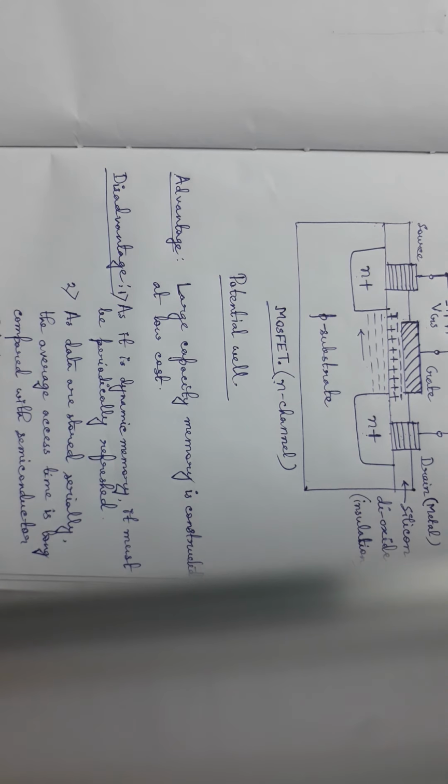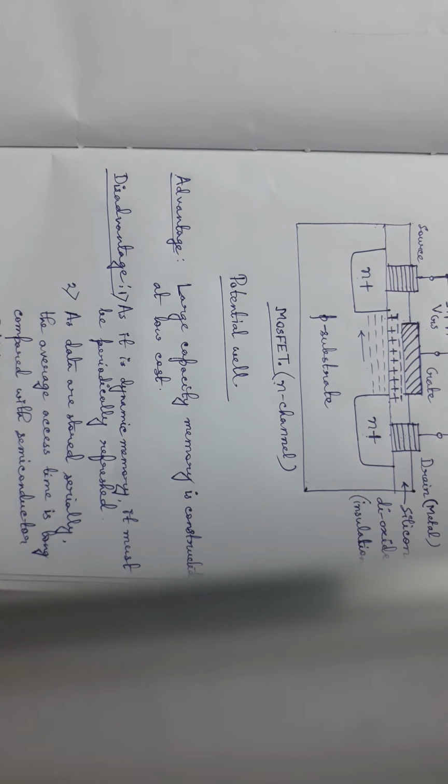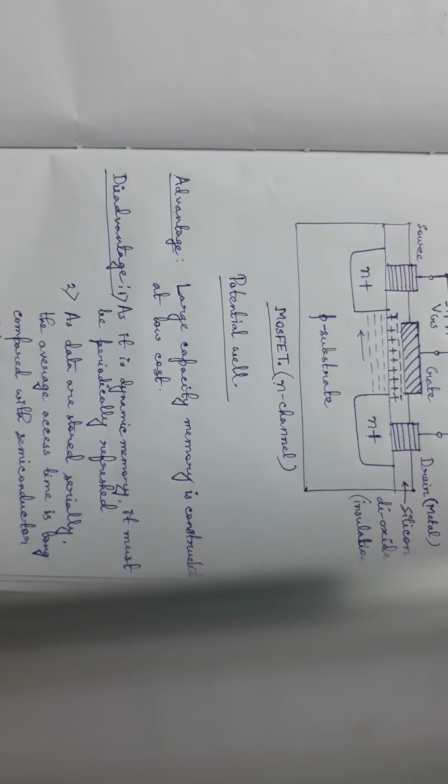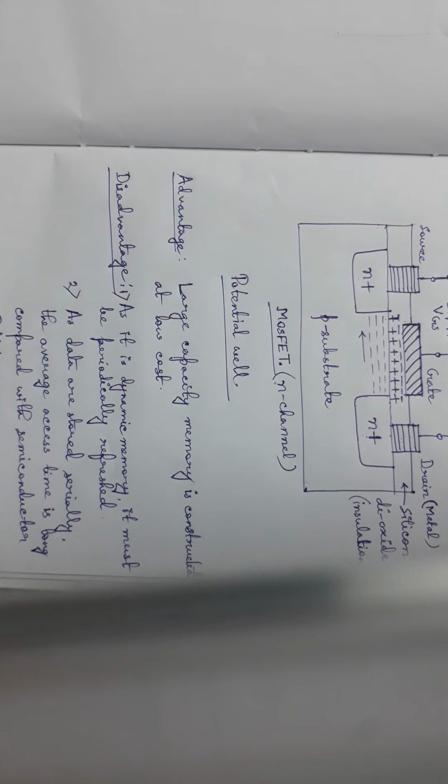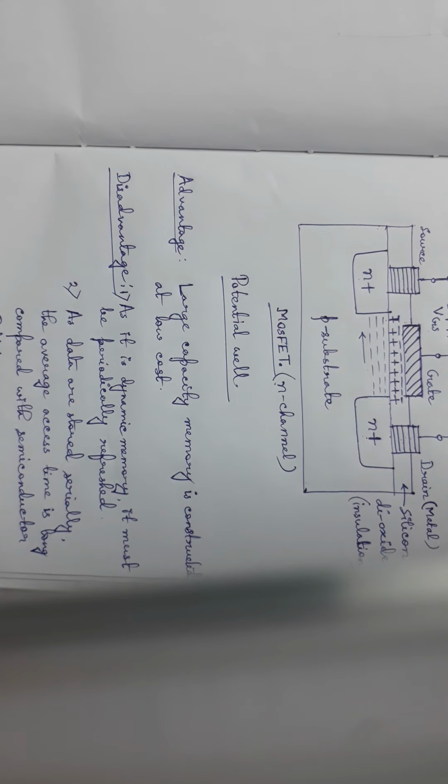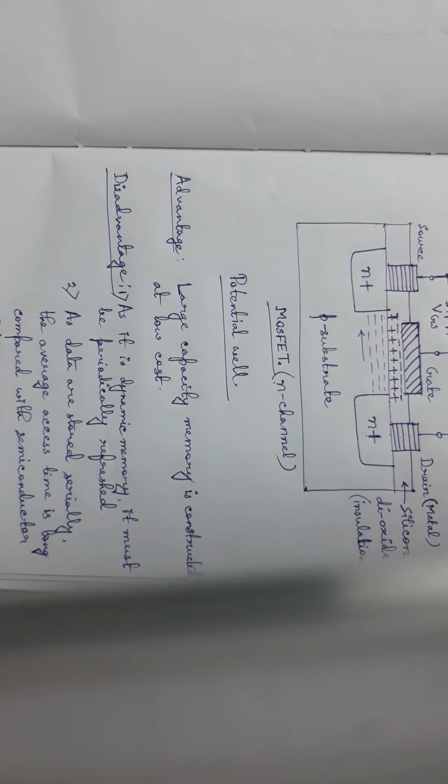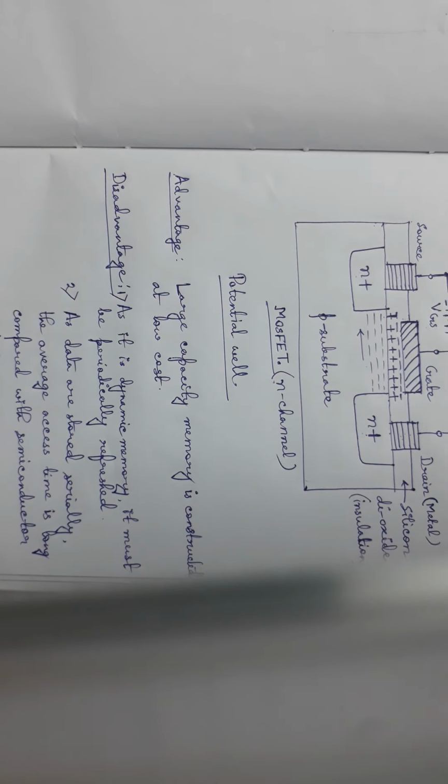So any data stored in RAM can be accessed randomly. But in case of CCD, as the data are stored serially, we have to access the data maintaining a serial sequence. So the average access time is long. These are the disadvantages of this CCD.